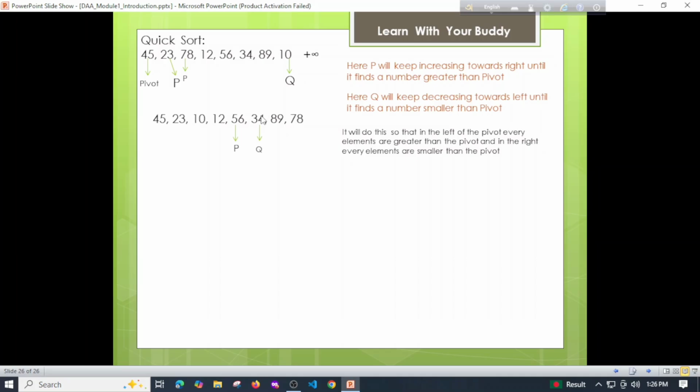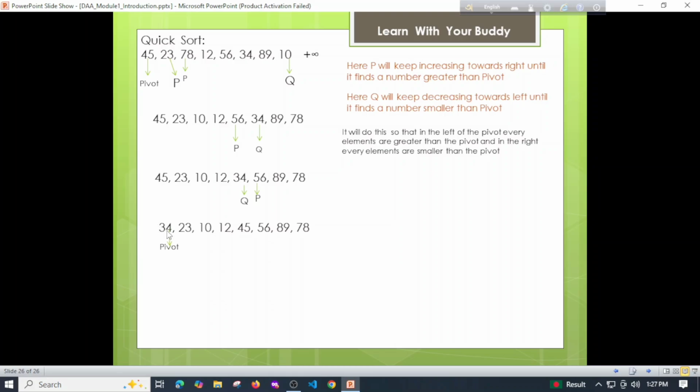Now we can see that 56 and 34 will swap their places, and Q will cross P. Here you can see that Q crossed P. If this happens, then we swap the pivot with Q. So our new pivot will be 34.